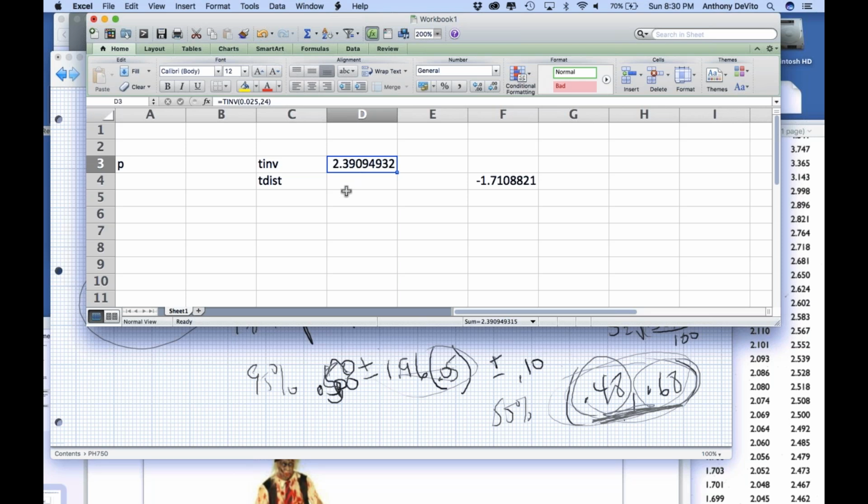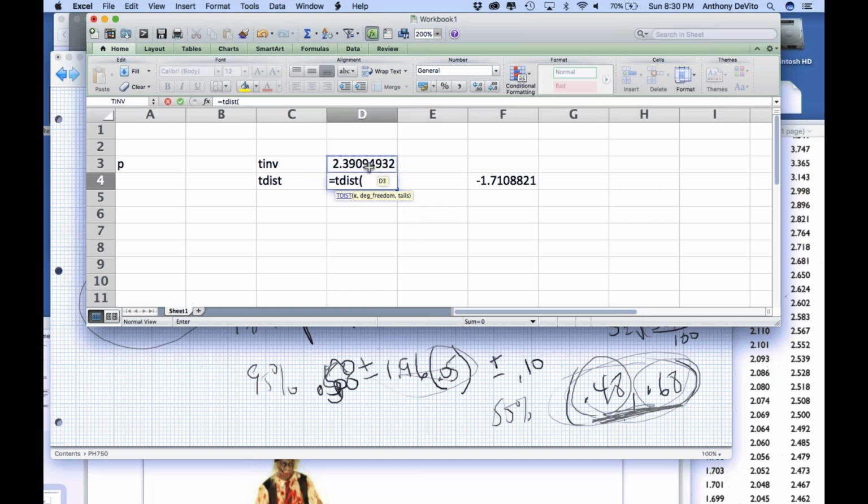Okay, so now let's use this other function, tdist. If you calculate a t-score, right, later on in the other problems, you're going to be calculating a t-score. If you calculate a t-score, and now you have to convert that into a p-value, a probability of being wrong, well, let's see what it is for. Notice x, degrees of freedom, and number of tails. This one at least gives you a choice on number of tails.